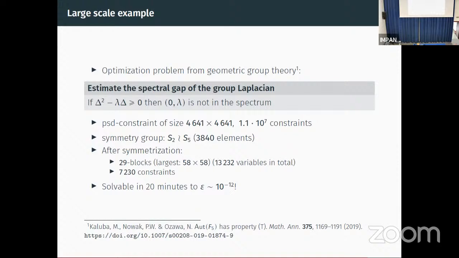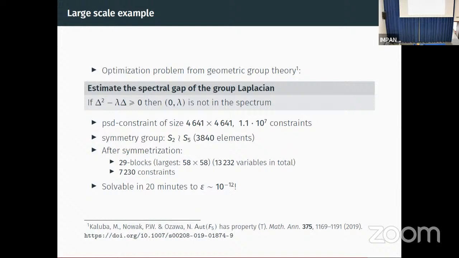It's numerically not feasible, and it has 11 million points. So after making use of a pretty large group of symmetries, and after this symmetrization I described, we ended up with 29 blocks. The largest one was 58 by 58, and only 7,000 of them, and I can solve it on my laptop.